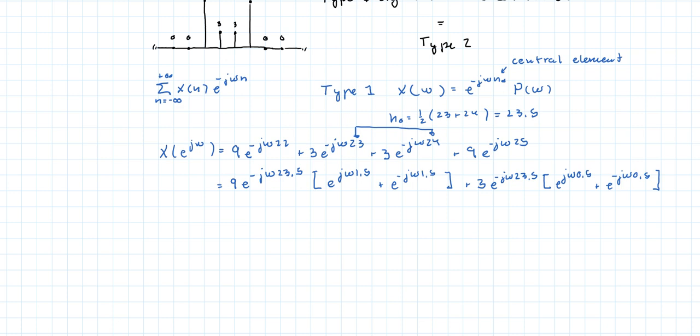Once we do that, we can simplify using the trig identity that cosine of x is equal to e to the jx plus e to the minus jx, divided by 2.